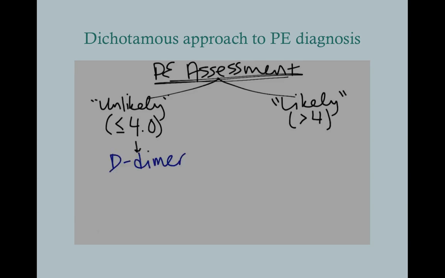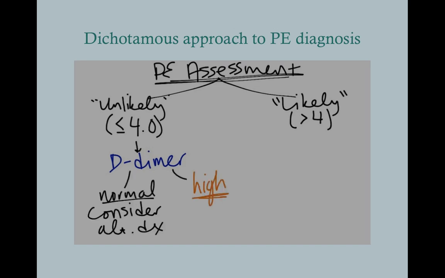What D-dimer does is it tests the level of a breakdown product of clots. So this is a very useful test, and it's a test that we do in patients that we're not sure have pulmonary embolism. If the D-dimer comes back normal, you can rule out pulmonary embolism.